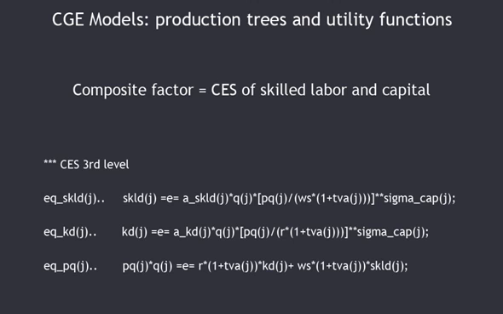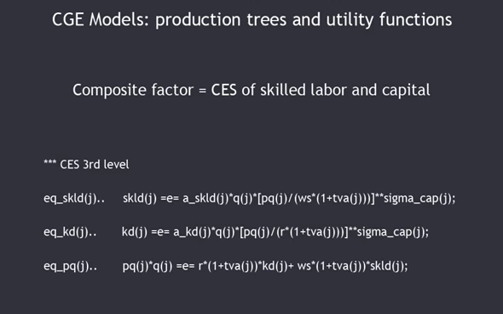SK_LD in sector J divided by Q in sector J, if you move Q from the right side to the left side, is equal to a parameter A_SK_LD in sector J multiplied by a ratio of prices at the power of a new elasticity of substitution, which is sigma_CAP in this sector.